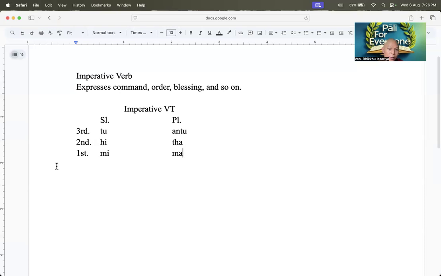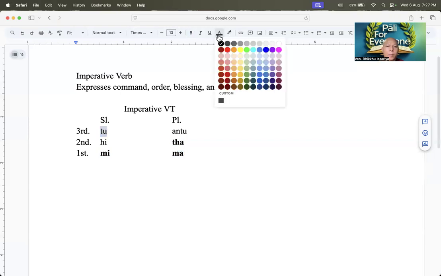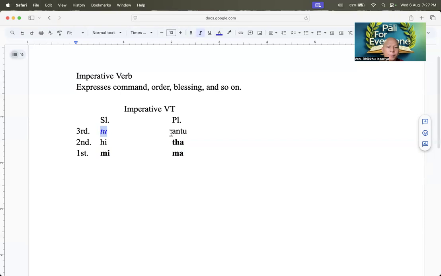So here, second person plural, third person singular, and third person plural. So exactly the same as the present tense, you see. Only the third person singular is different.